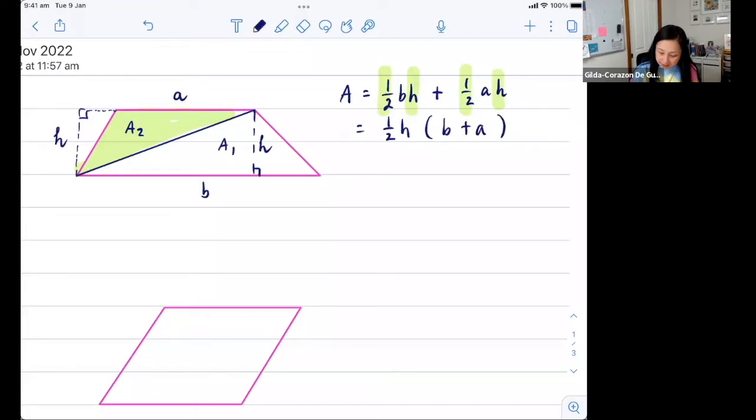Or, just to make it a little bit prettier, I could say B plus A is the same as A plus B. And I could say that's really just half times A plus B, times H. And that is now our area formula for a trapezium.